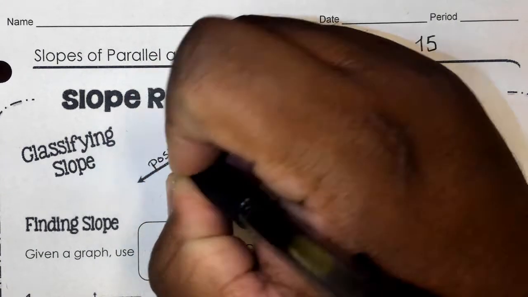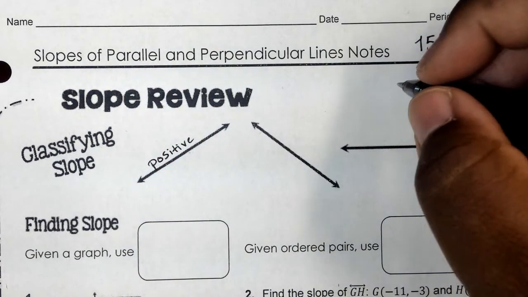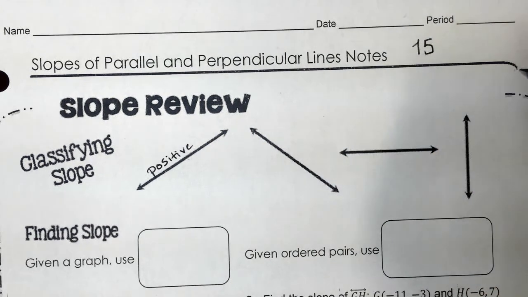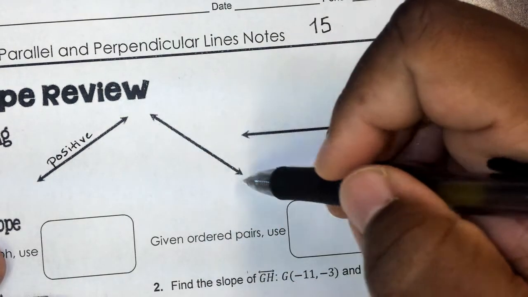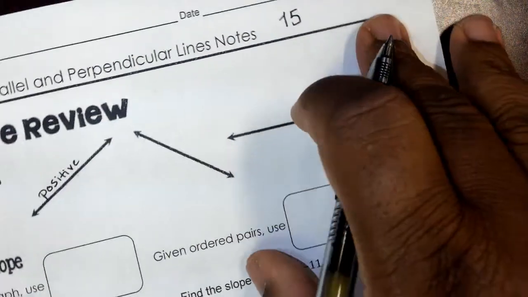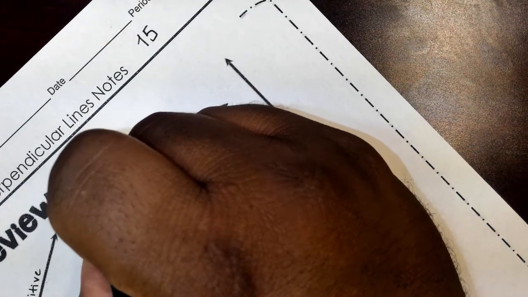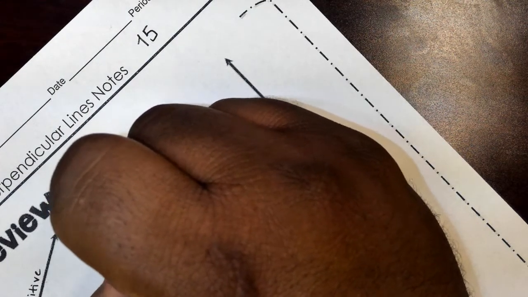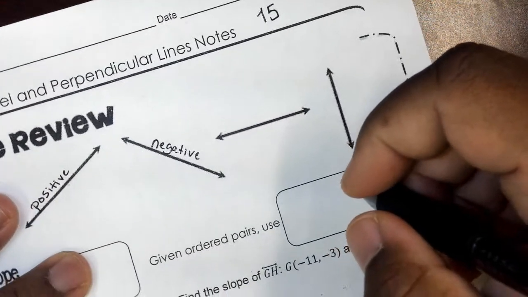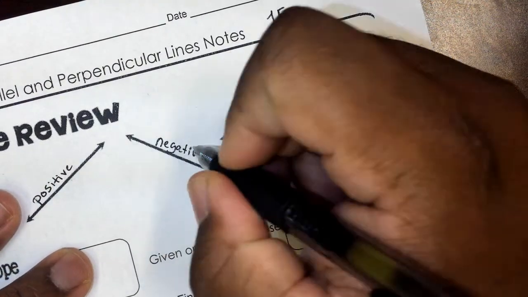Positive. From left to right, this next line going down. Negative slope. I know these things without even knowing any numbers or anything. I could just look at the line and tell what kind of slope it's going to have.